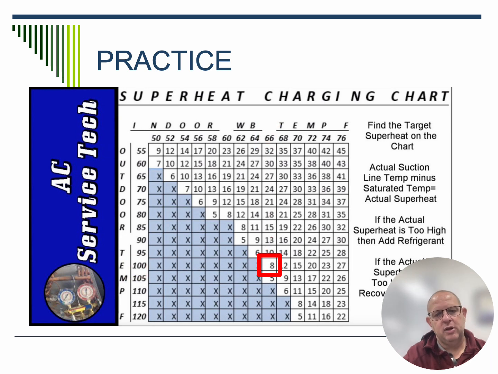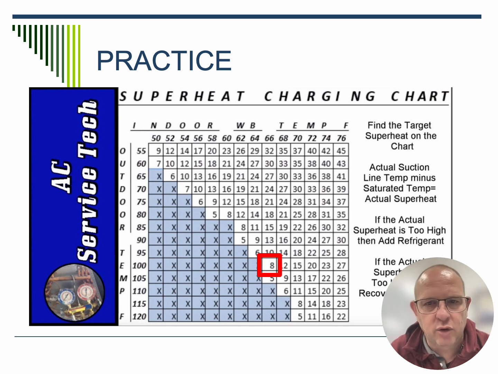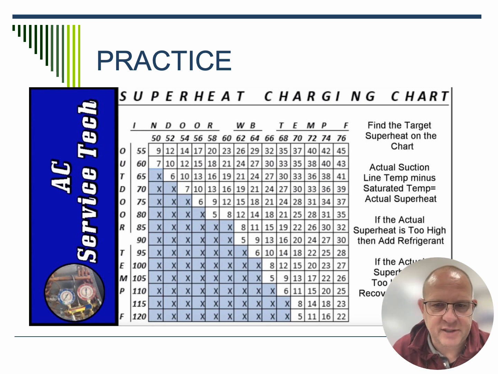Condition number 2, remember, if the actual superheat number is below that number, we need to remove refrigerant. If it's above that number, we need to add refrigerant. And this is strictly only going to be found on a capillary tube metering device or a piston type of metering device.